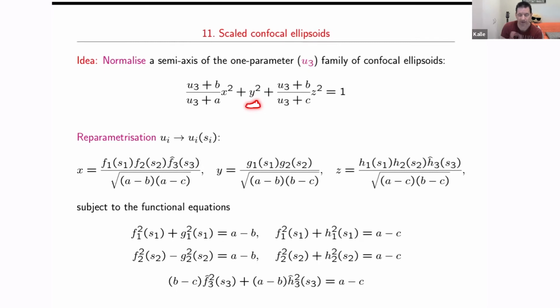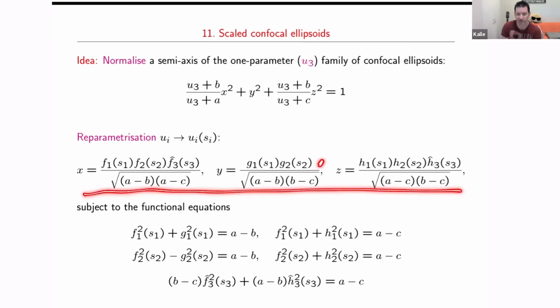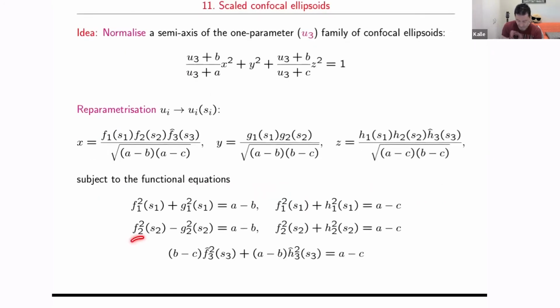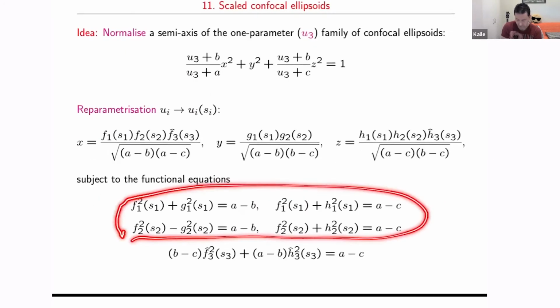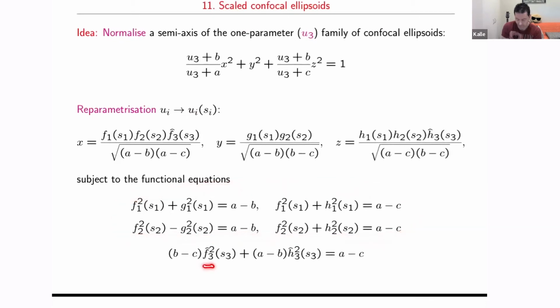And so then if you reparameterize again, you get essentially the same formula, except there's a G3 missing, as you can see. The functional relationships are the same, but since there's only an F3 hat and H3 hat, now there's only one functional relationship.